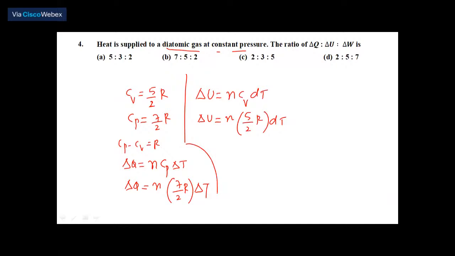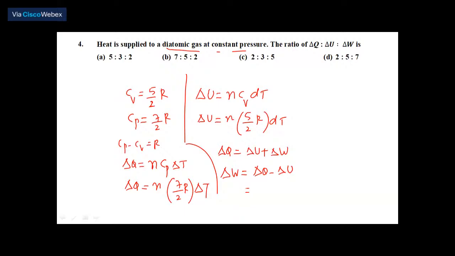We need to find out delta W also. We'll make use of the first law of thermodynamics, according to which delta Q is equal to delta U plus delta W, or delta W is equal to delta Q minus delta U, right? How much is that? You take NR by 2 into delta T common.